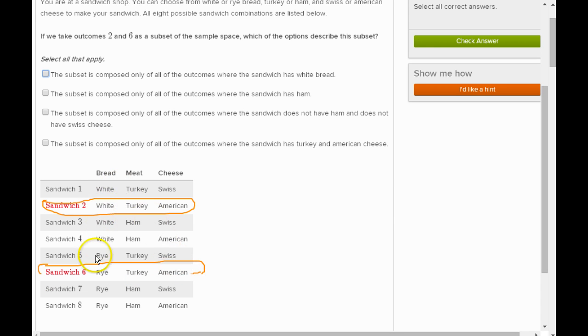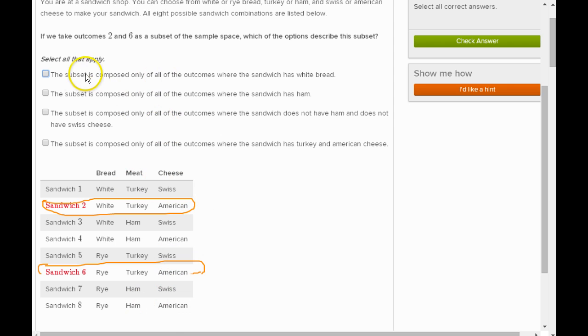The bread is not in common, but their Turkey-American combination is what they have in common. And none of the other ones have Turkey-American as a combination. This is Turkey, but not American. This is American, but not Turkey, etc.